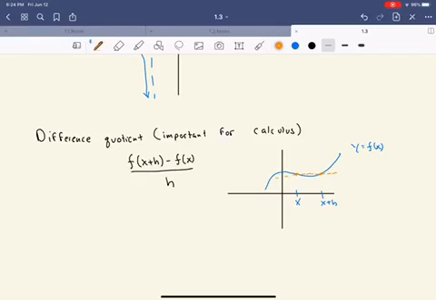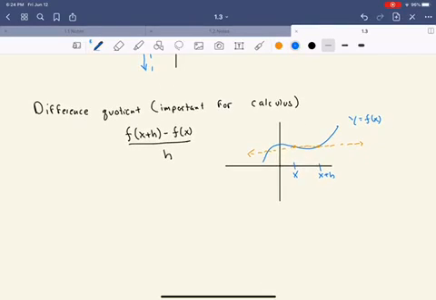This was a bad example, but it'll still do. So the slope is, remember, the change in the y's over the change in the x's. And these two x's are only h apart. So as an example, let's find an easy one, and then we'll do a harder one.